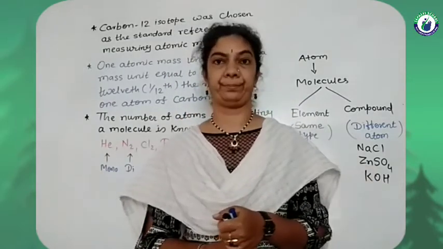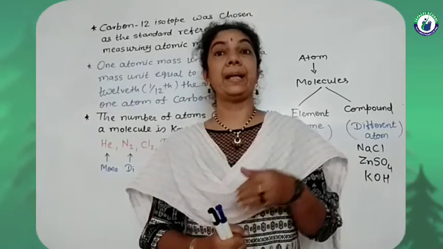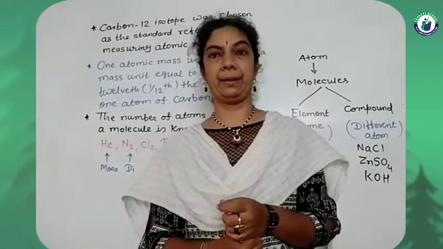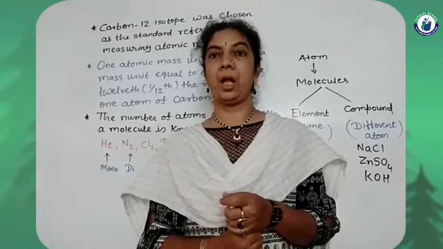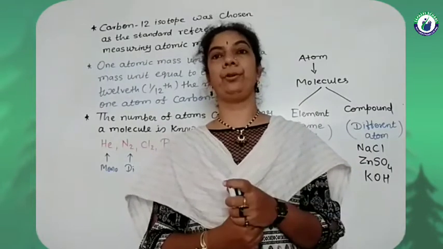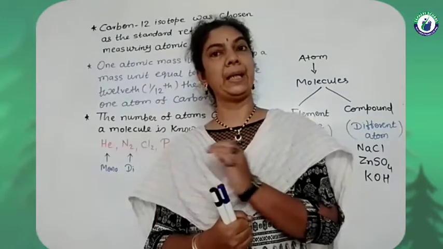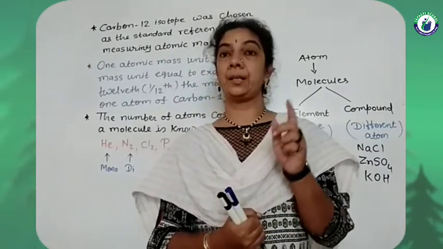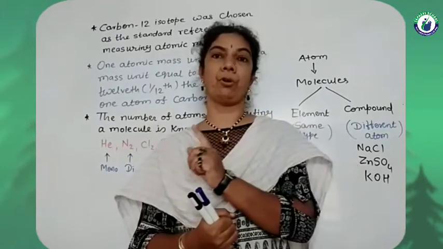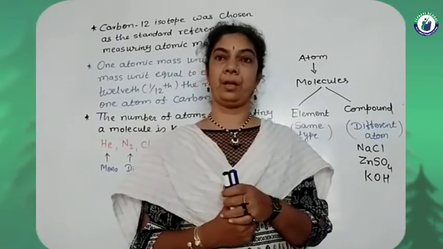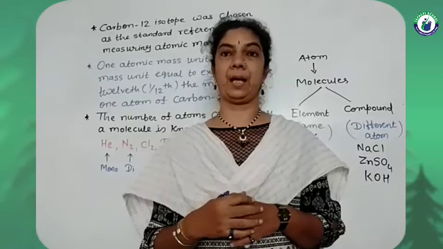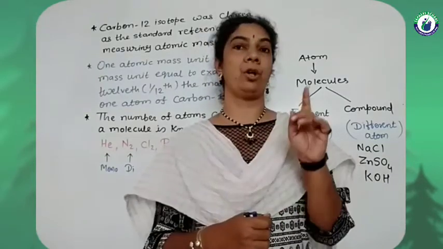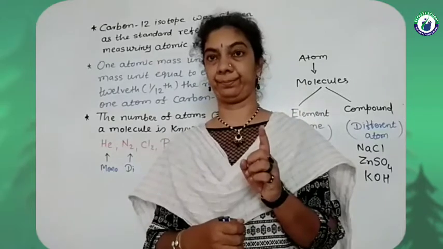For getting charged, the atoms can either lose electrons or gain electrons, and this loss or gain of electrons produces either a positive or negative charge on an atom.